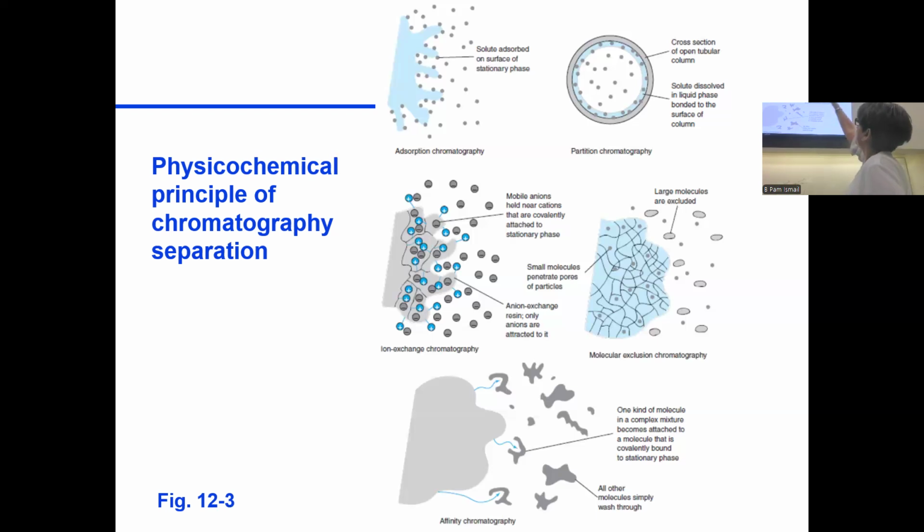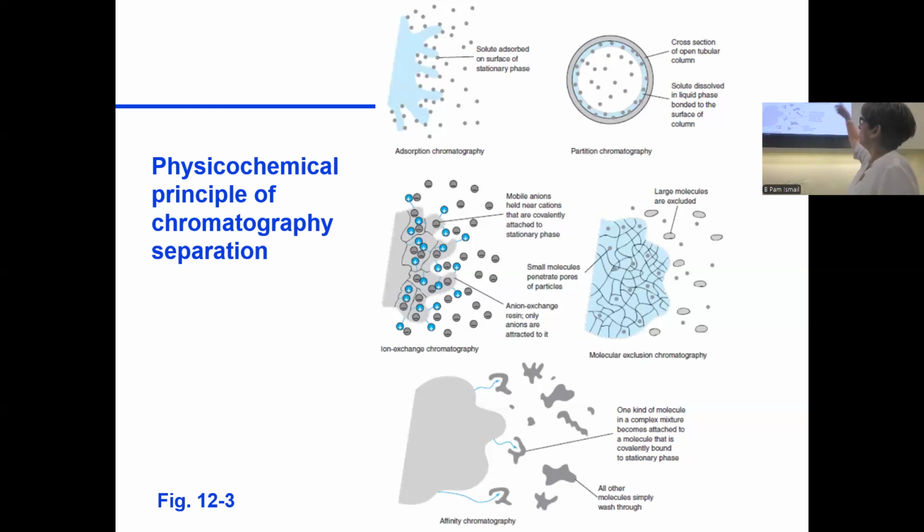We talked about partitioning between two liquids, mostly based on their solubility or polarity. And then we have size exclusion, no interaction. It's just based on the size of the molecule. So it's kind of like gel filtration.